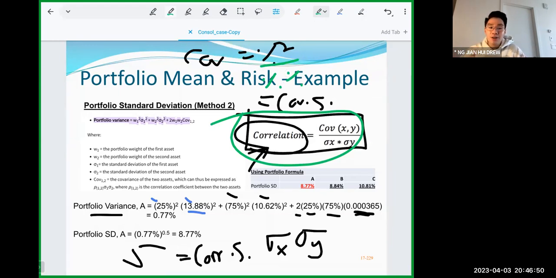Does your correlation have any units? So my question being, for correlation, are there any units? Yes, that's right. No. Very good. Because you divide by percentage times percentage, there are no more units for correlation.